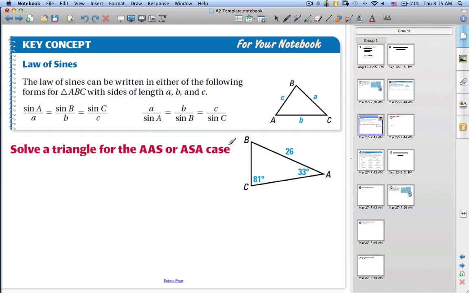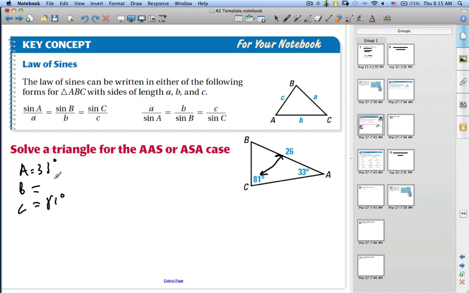If you take a look at this particular problem, I have two angles and a side. This is angle C, 26 is side C. I know that angle A is 33 degrees, and I know that angle C is 81 degrees.